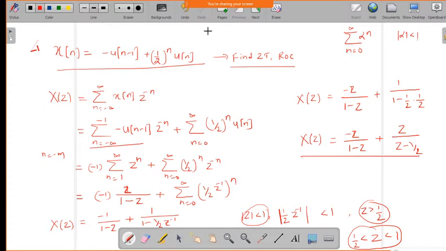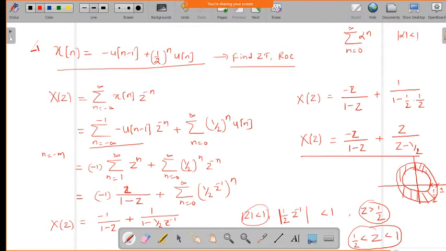So now we can write the ROC as follows. If you plot the z plane, this is the complex plane z, and if you take this value of z as half, and one more value z equal to 1 here, then in between half and 1 there is the ROC.